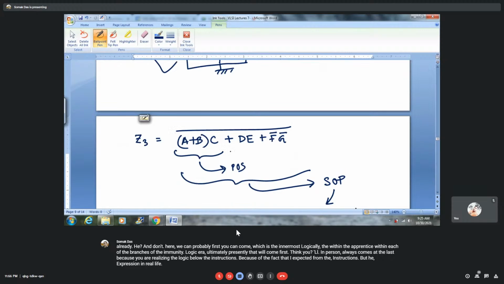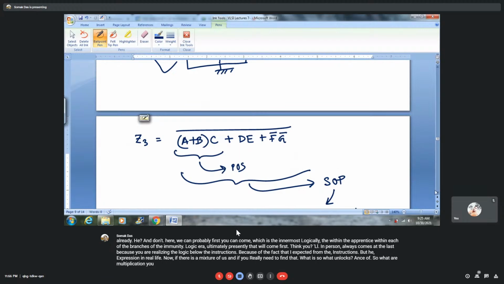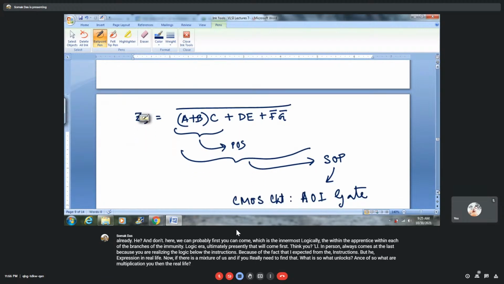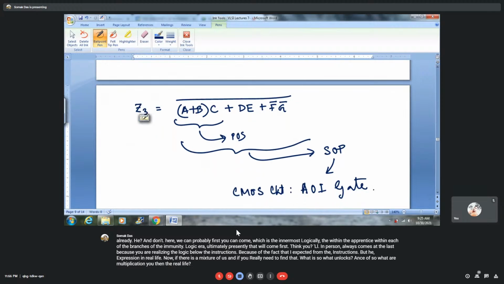Now, if there is a mixture of POS and SOP logic, then we need to find the overall logic below the inversion. If the overall logic is in an SOP form, then the realized circuit we term as an AND or invert gate. If the overall logic is in a POS form, then we term it as an OR and invert gate, even though there may be inner logics of other forms.